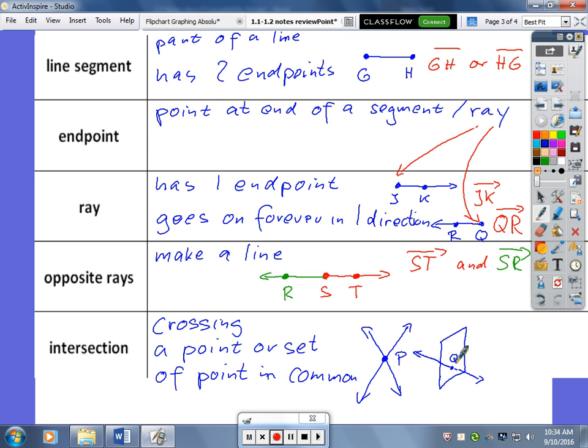And even two planes can cross each other. And then this section is the intersection between the two planes.